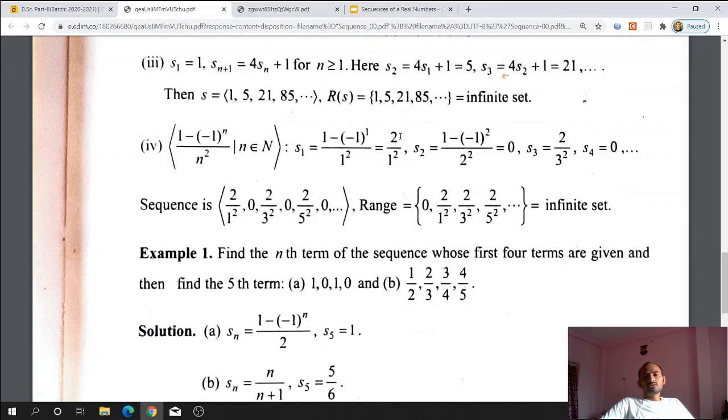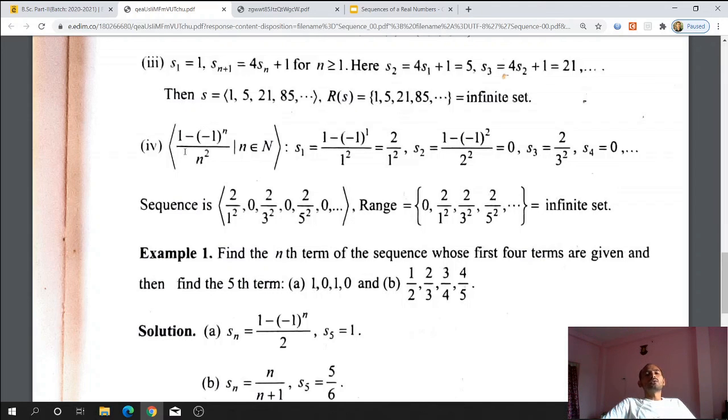Now let's find S2. Your S2 is 1 minus (minus 1) square upon 2 square, and this is 0, because minus 1 square is 1 and 1 minus 1 is 0.